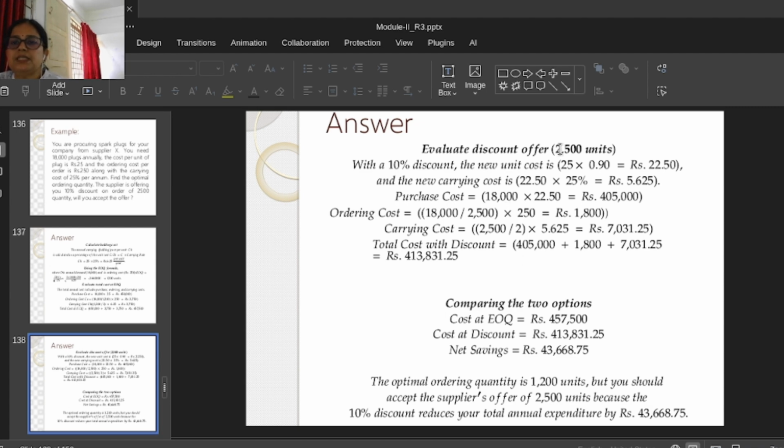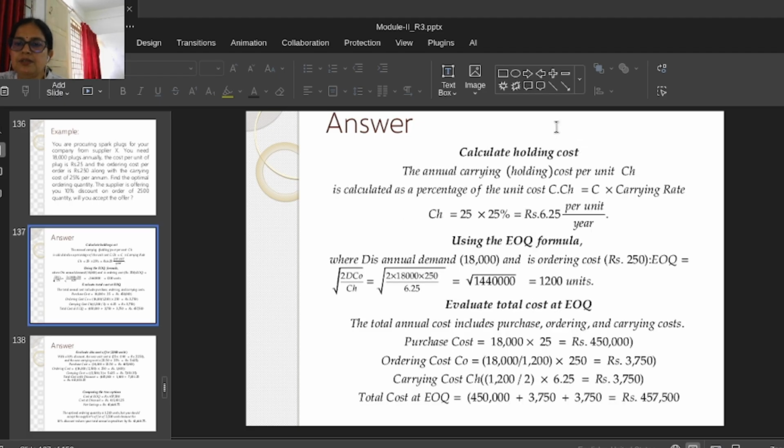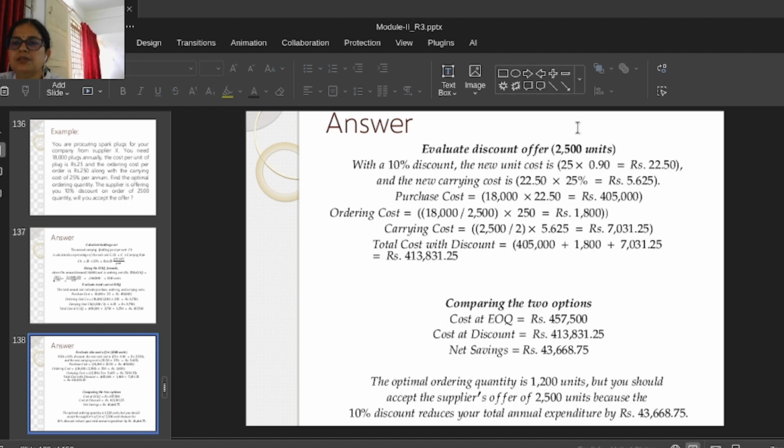Discounted offer: the discount units is 2,500. The economic quantity is 1,200, but the discount is given on 2,500. With the 10% discount, the new cost will be 25 into 10%, meaning on one product we are getting 10% discount.